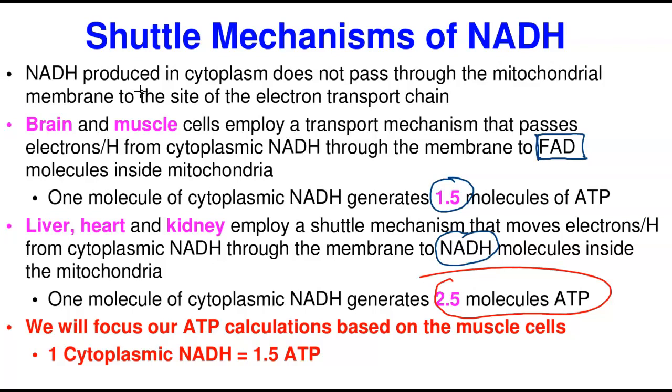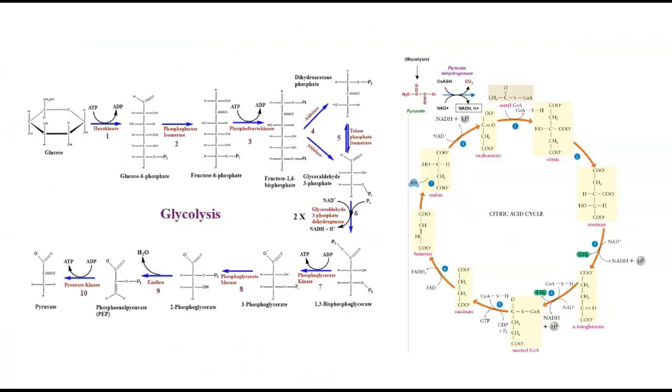We will focus our ATP calculation only on the muscle cell, because one cytoplasmic NADH of the muscle cell will only yield about 1.5 ATP, just to keep things simple. So in my calculation, I'm going to assume that every calculation is done with the muscle cell. Take note of this. We now move to the next thing.